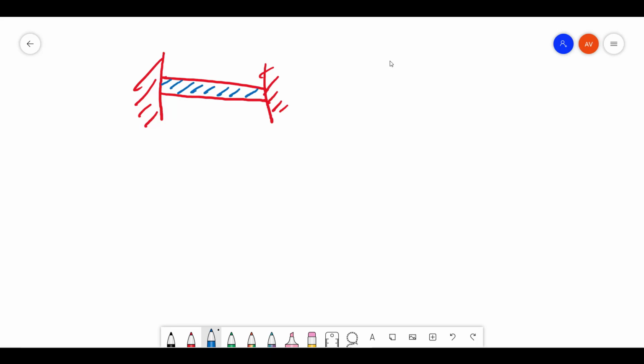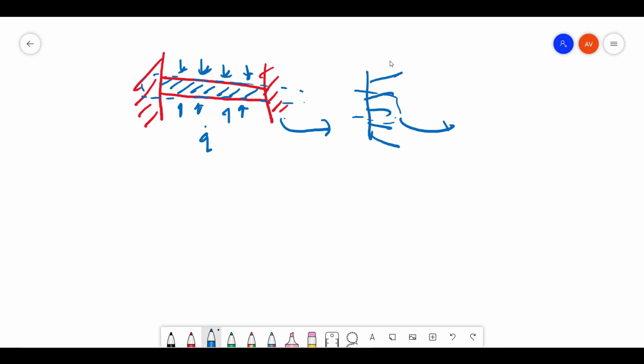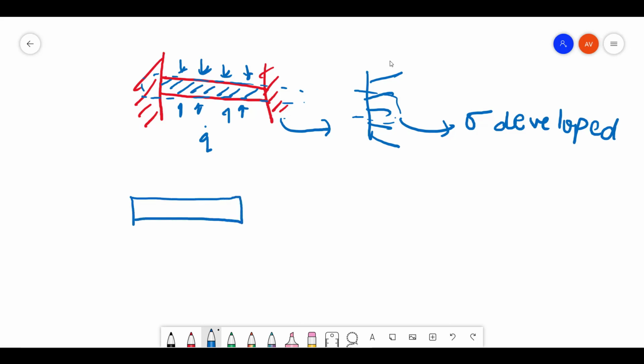Therefore, when you give some uniform heating, let's say Q dot, this bar will try to expand, but it is fixed at the other end. When it tries to expand but can't because it is fixed, stresses will be developed.